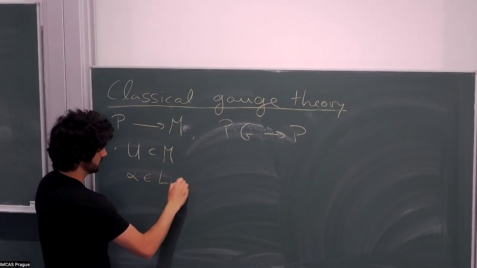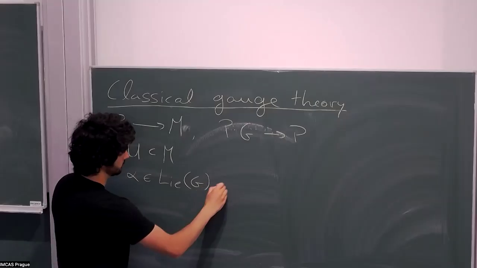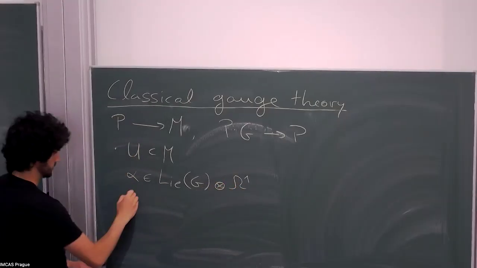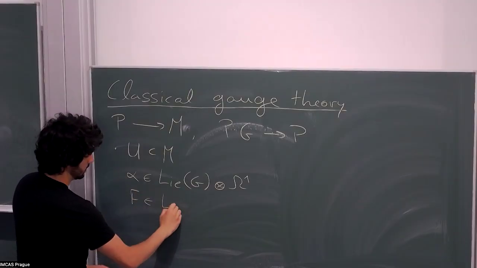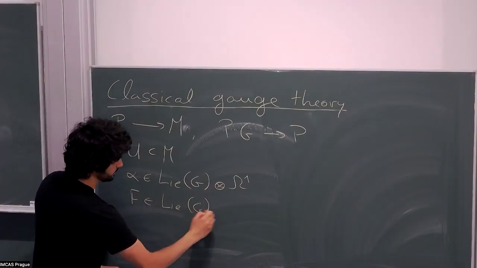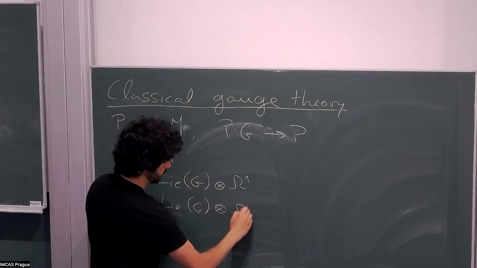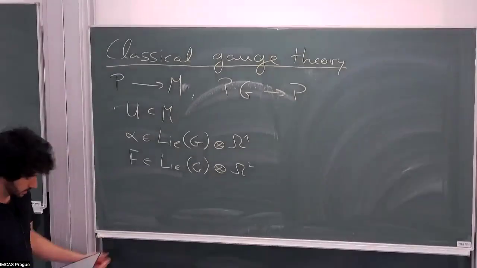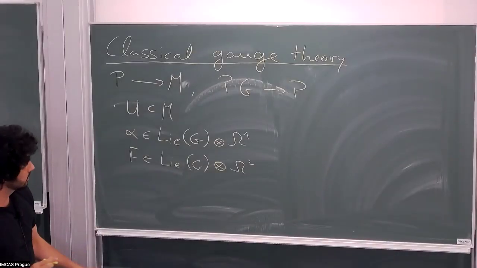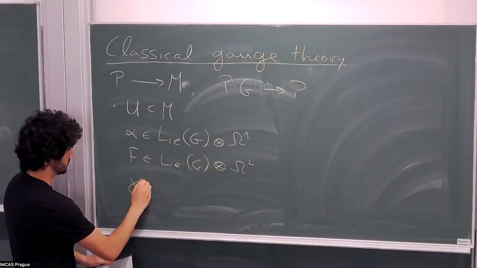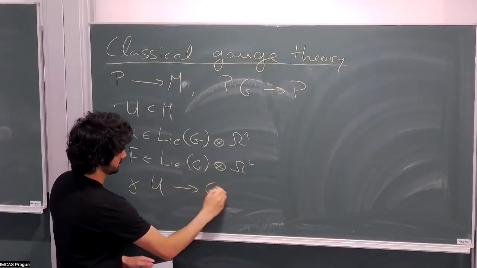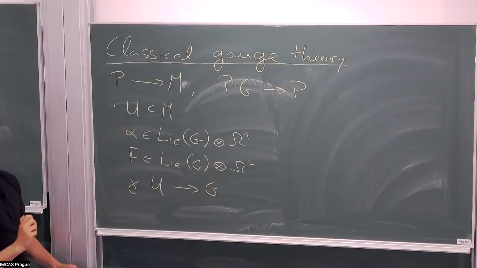This will be just a Lie algebra valued one form that then has a curvature, which is a two form. What will also be important for us today is that we have gauge transformations. These are just functions from this open set to the group itself that act on these in some specific ways.